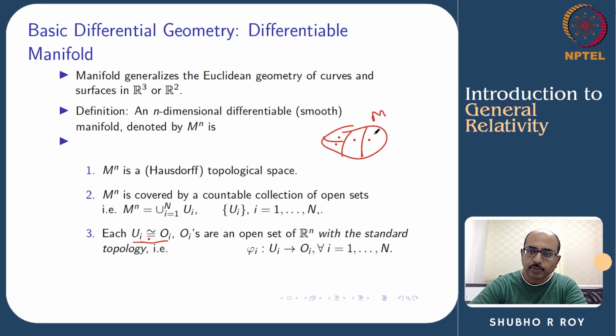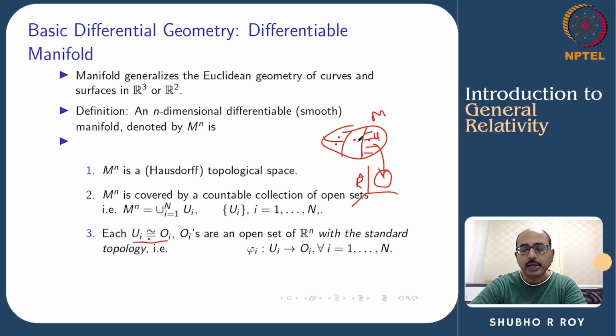Each of these open sets, let's say this is U1, can be mapped to some open set in Rn. An example of an open set in Rn is an open ball. So this U1 open set can be mapped entirely to an open set in Rn. So this is Rn with Cartesian axes.